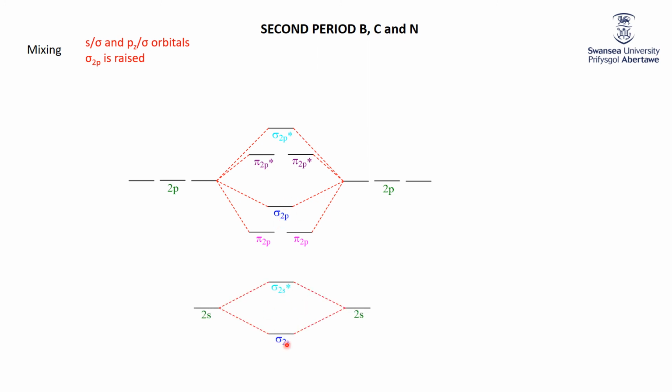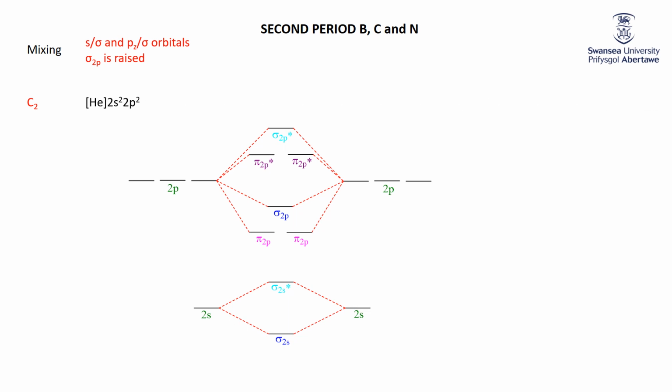There is actually also a concomitant decrease in these ones, but we don't worry too much about that because that doesn't change the orbital. It does change where the sigma 2p is. Now, for oxygen and fluorine, the 2s and the 2p's are much different in energy, so you don't get nearly this level of mixing. So anyway, let's look at, for example, C2, just to see how it changes things.